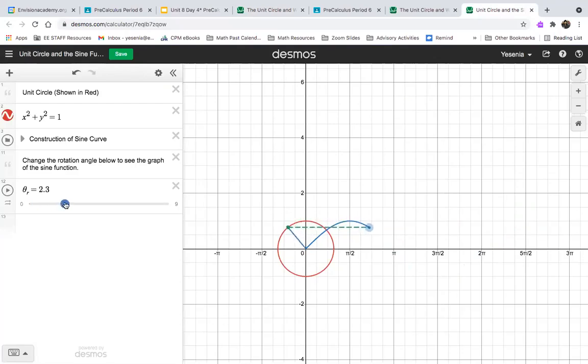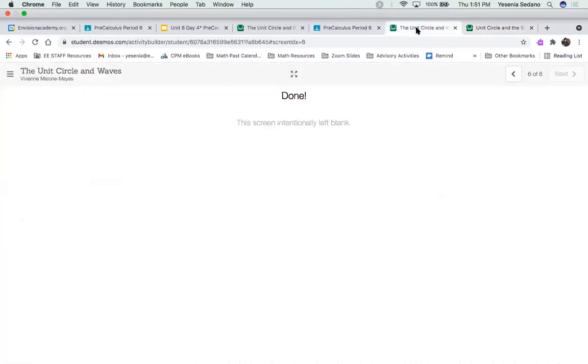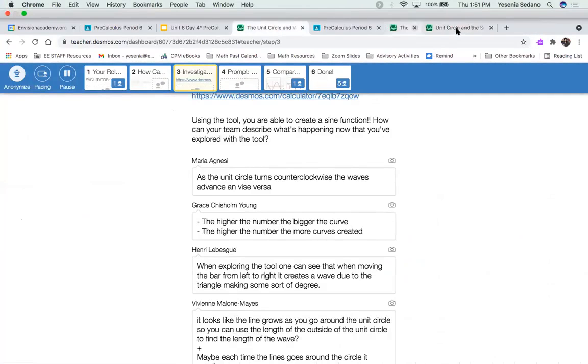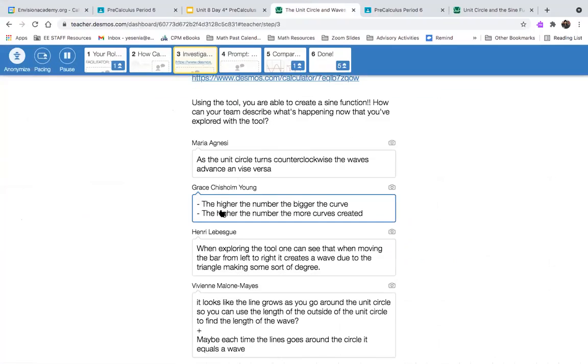Then it goes down, down, down, and it gets kind of like negative. Goes back around, and then again it goes to a high point on the circle, and notice that it makes another maximum and down. So I agree with Grace's contribution there, that the higher the number is, the wave is at a high point.